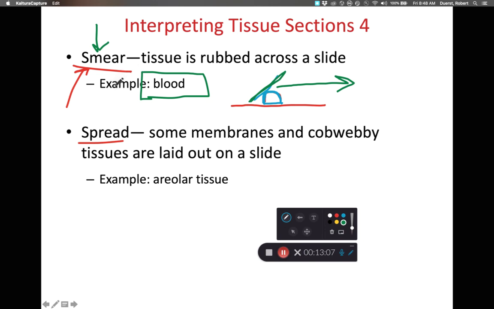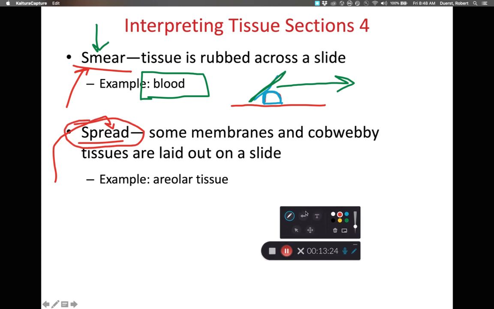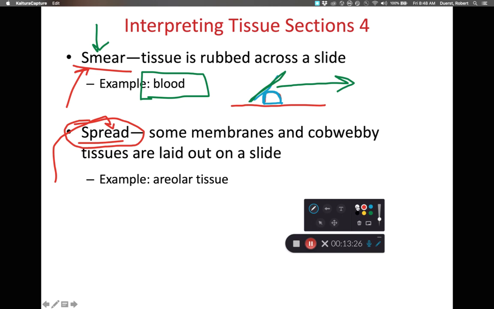Smears are used for tissues that don't have a lot of fiber within their extracellular matrix, or tissues that are liquids, typically at room temperatures. When we work with a spread, our spread is going to be used for a tissue that's typically not a liquid at room temperature. So let's diagram a spread.